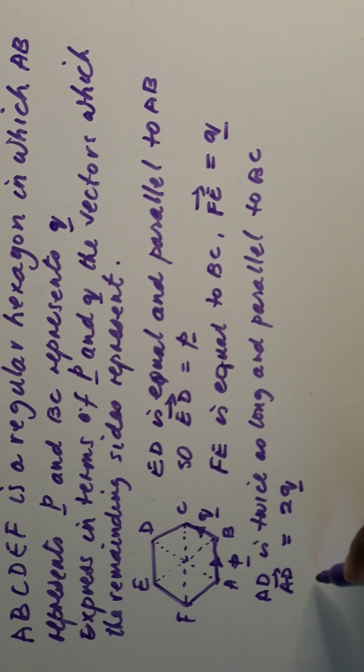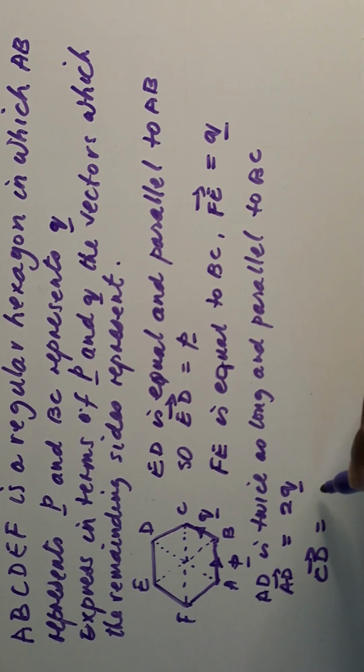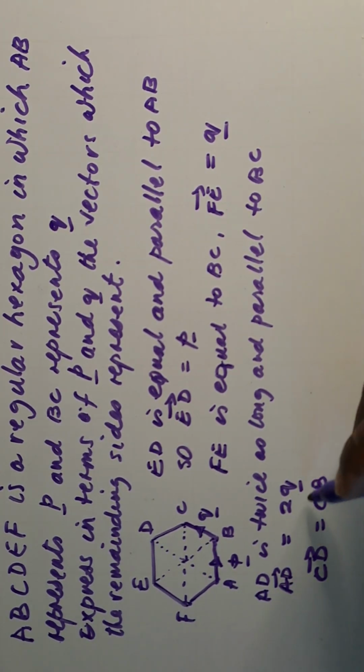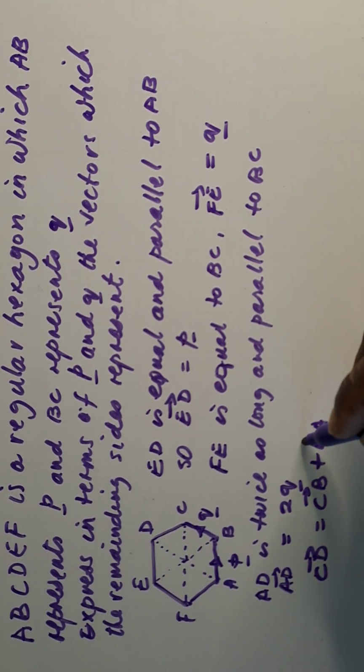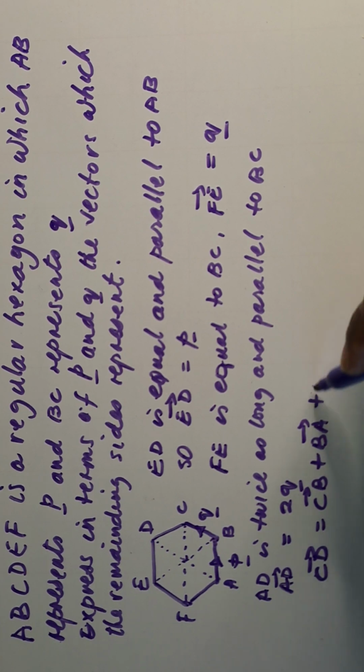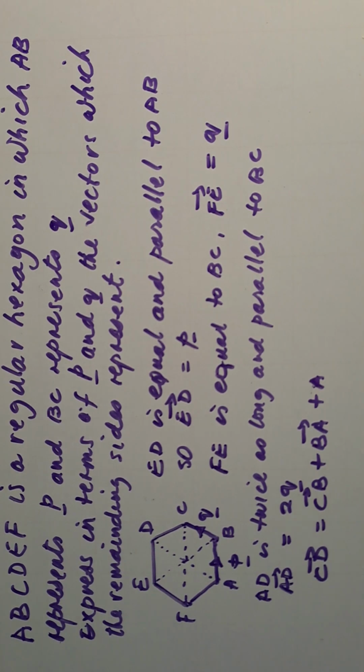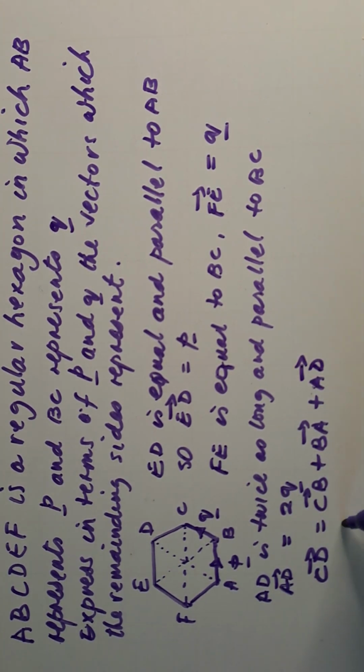But what we have is the relationship that CD is equal to CB added to BA together with AD. I'll say instead of added, we'll use the plus sign. And now we can replace these with the vectors that they represent.